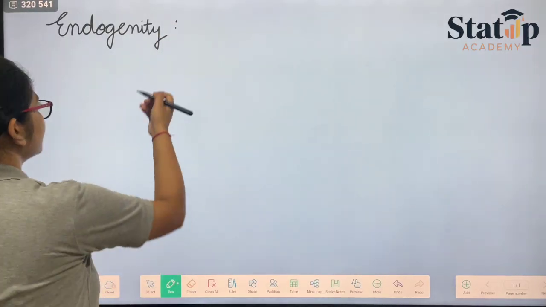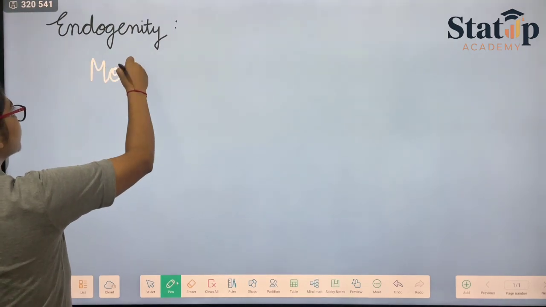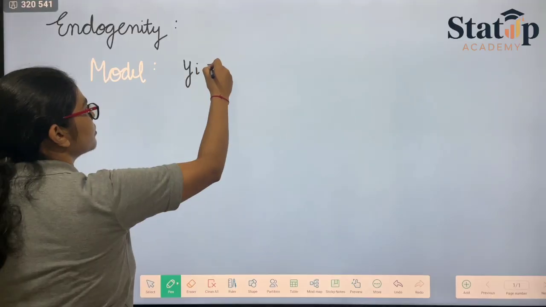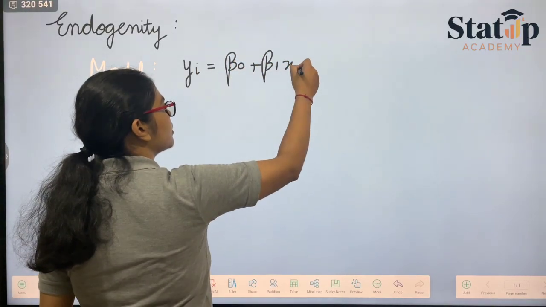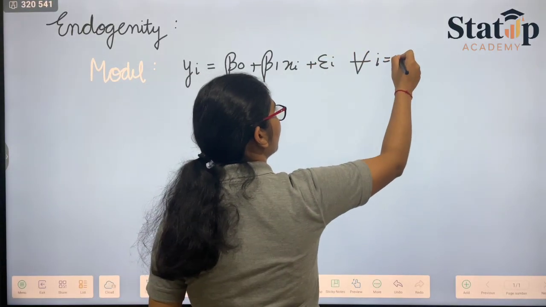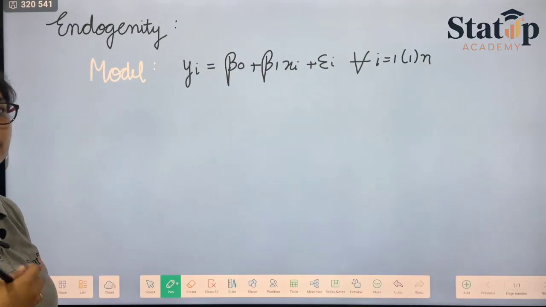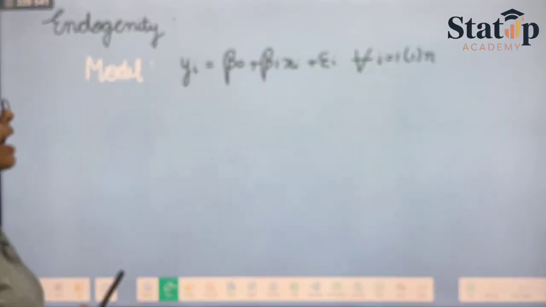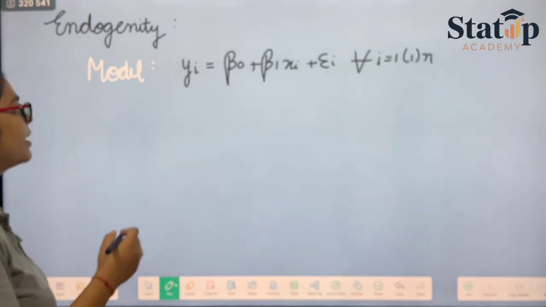Let us consider a model: Yi is equal to beta naught plus beta 1 xi plus epsilon i for all i going from 1 to n. Now here, if our explanatory variable, which is x, or independent variable also we can call it, and our error term are correlated, then we say that this is the problem of endogeneity.